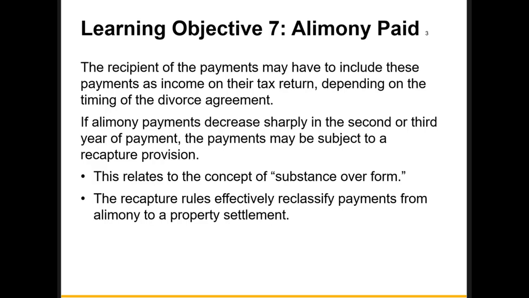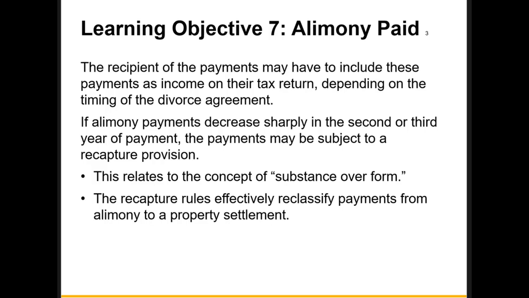Okay, so a couple of things that people try to get away with. Other payments in a divorce are not deductible. So, for instance, child support is not deductible. Property settlements, which is dividing up the property at divorce, any amounts divided up are not deductible.